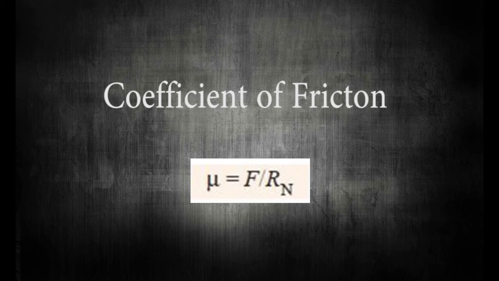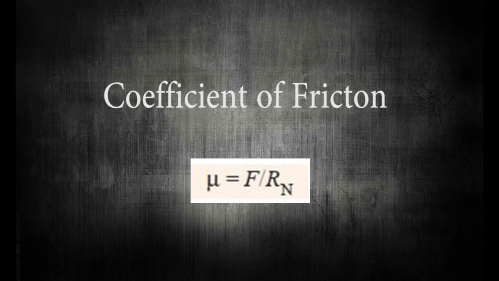It is denoted by mu, which is equal to F by Rn. The suffix n represents normal, so the normal reaction is denoted by Rn. The frictional force is denoted by F, and the coefficient of friction is denoted by the sign mu.